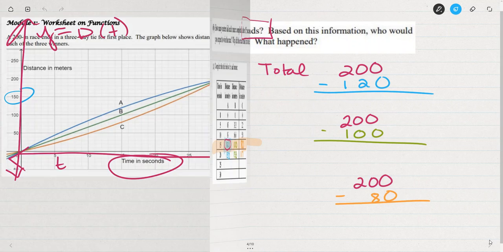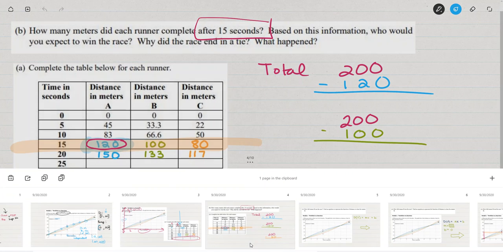Let me do this instead, if you don't mind. I will just carry our graph over to where we are.